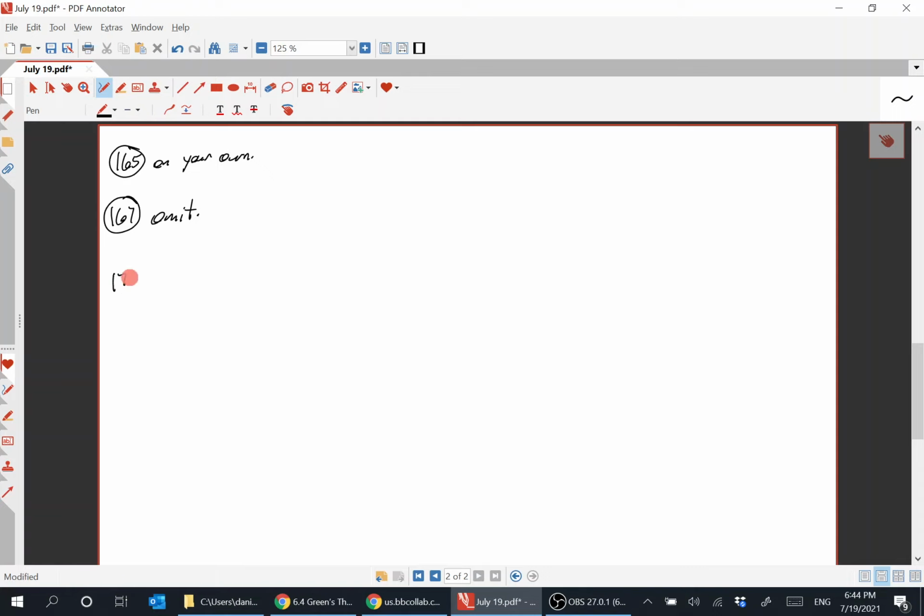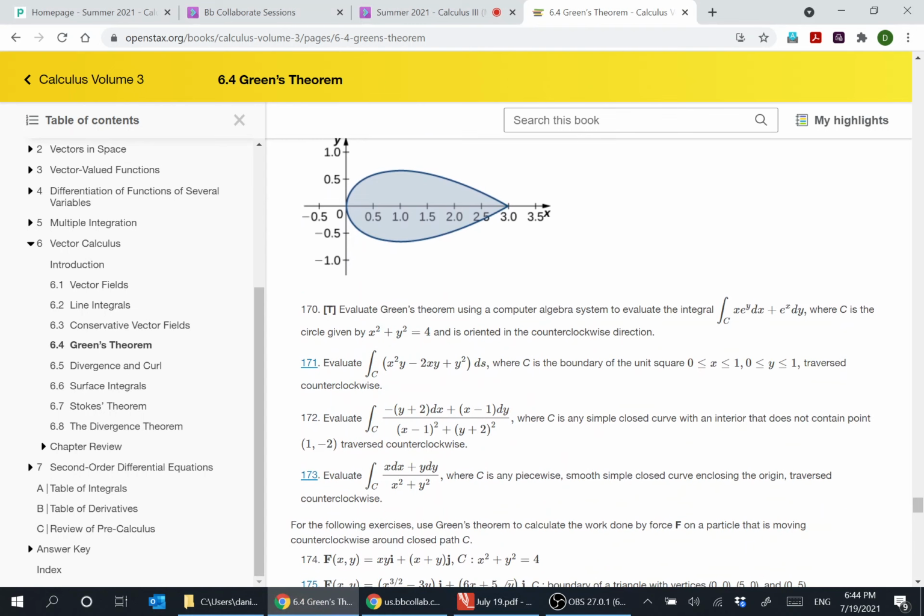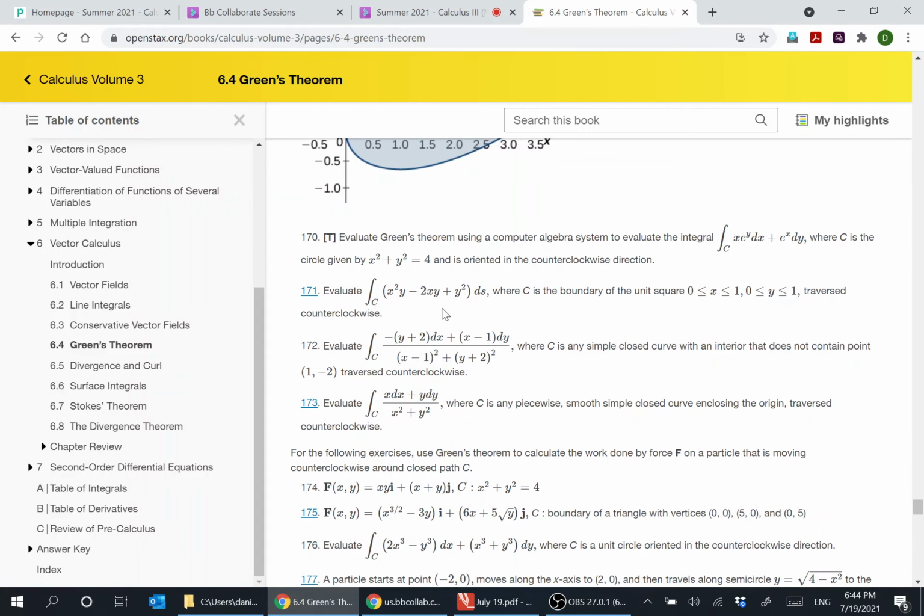171. So evaluate, why is this in the section on Green's theorem?